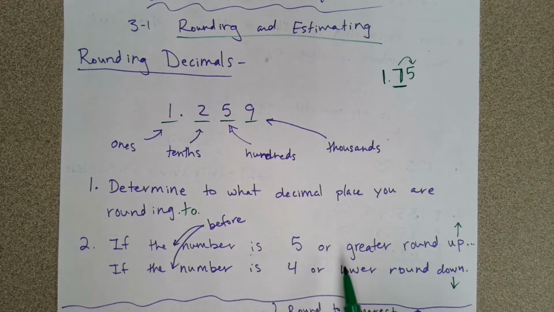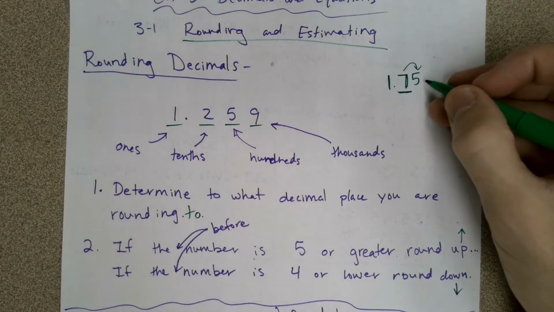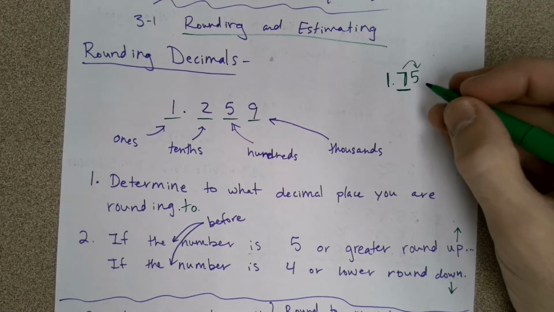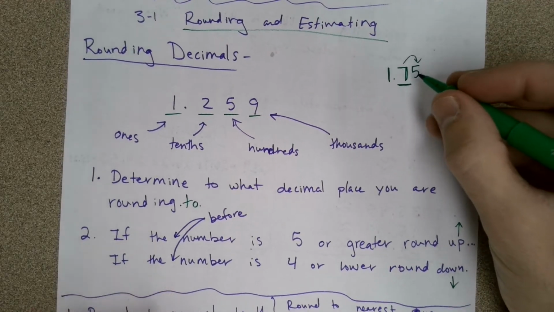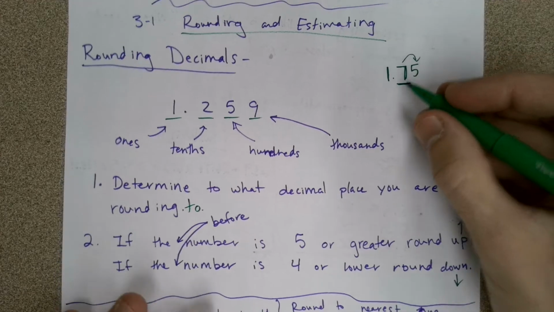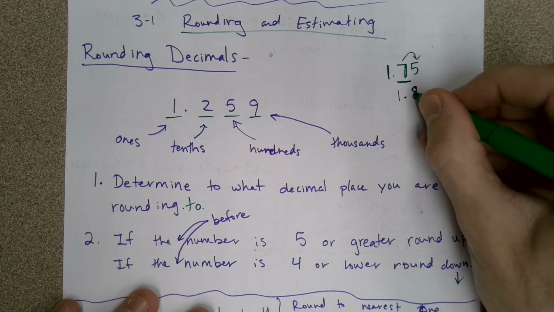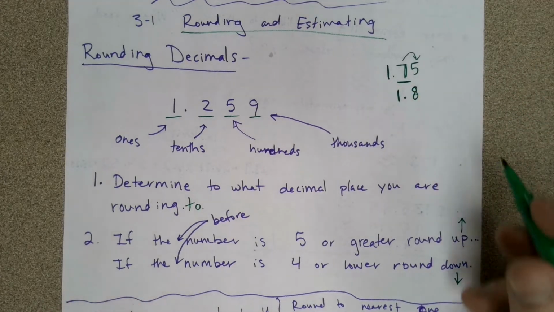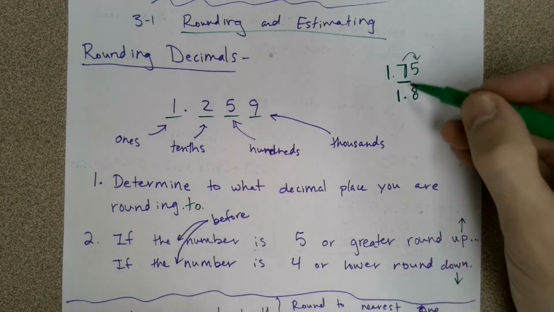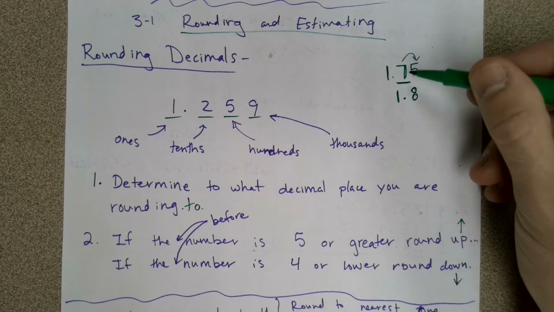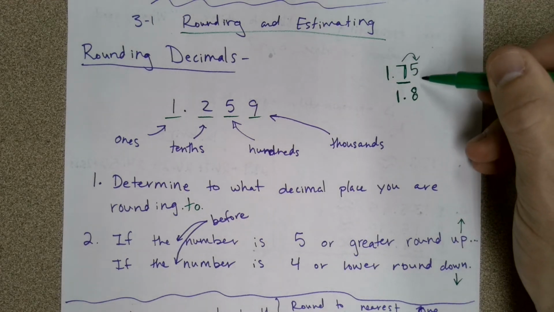If the number before is 5 or greater, round up. If the number is 4 or lower, round down. Our number is 5, so we round up. And when we round up, we're rounding to the nearest tenth. So we're going from 1.75 to 1.8. 1.8 is the nearest tenth to 1.75 because when we get to 5, we round up.